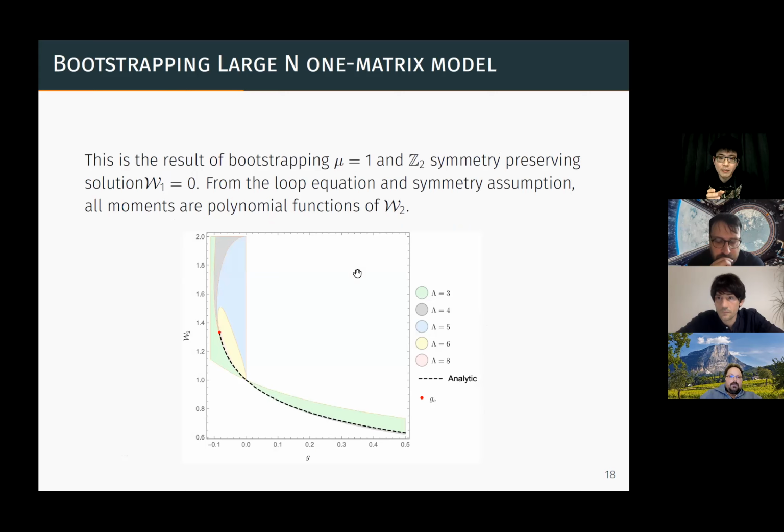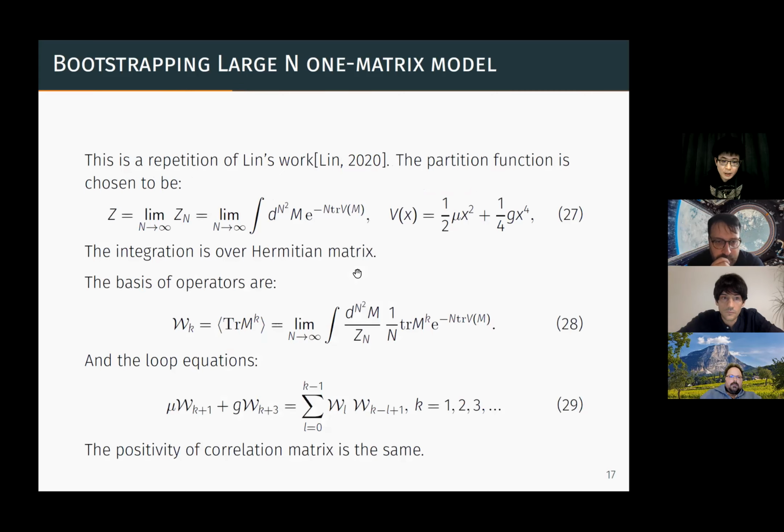This is a global symmetry condition here. Here, I want to remark that from the loop equation, all the higher moments are polynomials of W2 instead of linear functions of W2. This is very crucial compared to the single variable integral bootstrap.